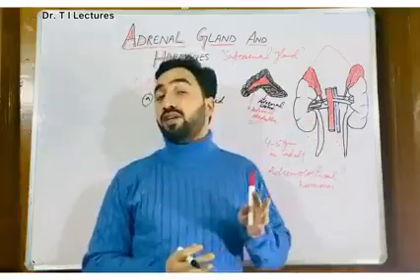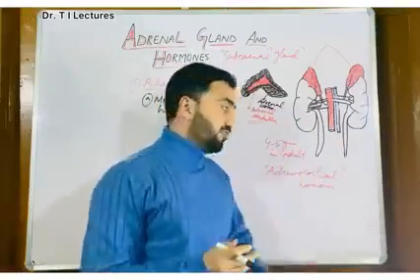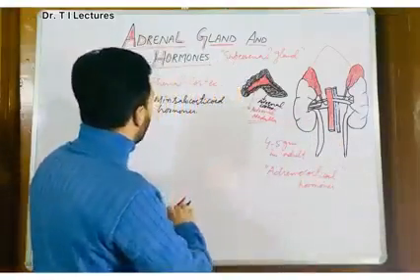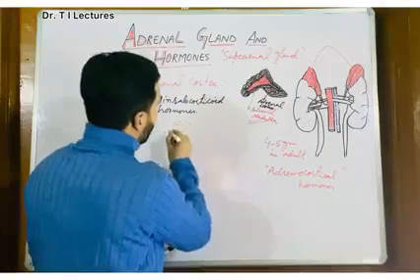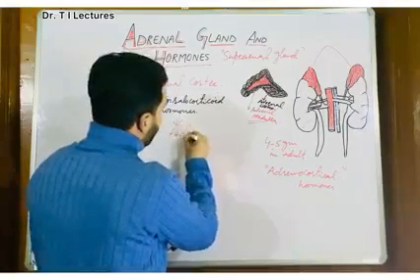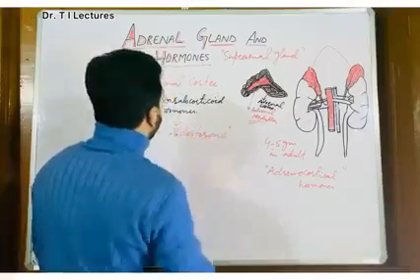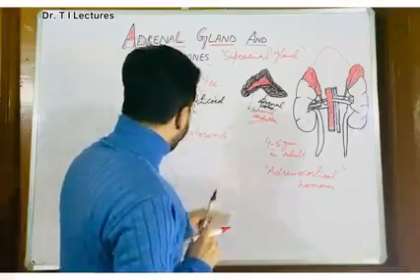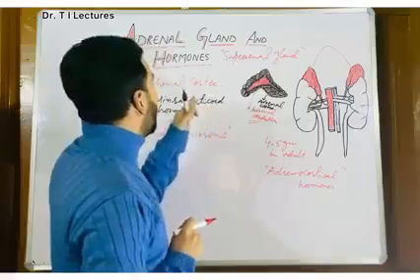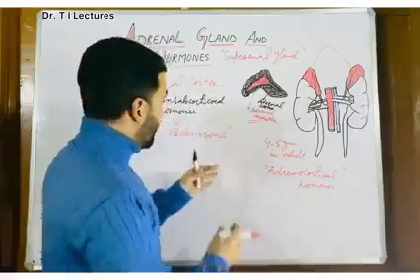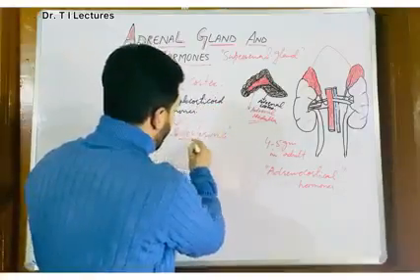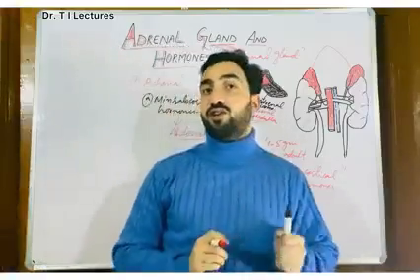The most important mineralocorticoid hormone is aldosterone, right? The adrenal cortex produces important hormones. One of the important kinds of hormone is the mineralocorticoid hormone, and the most important mineralocorticoid hormone is called aldosterone, right?